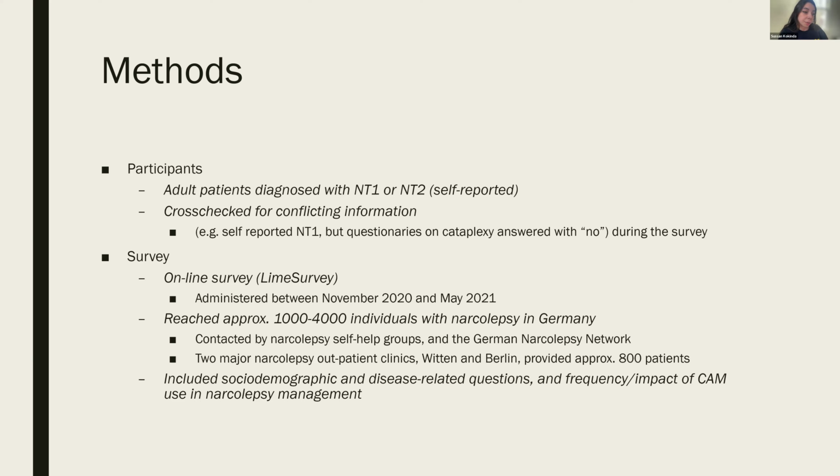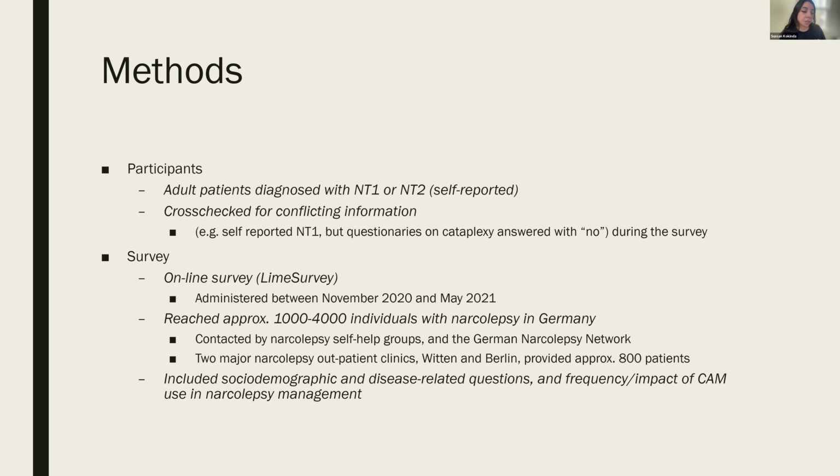How they reached their patients was through three different ways. The majority of the patients came from 2 outpatient clinics in Witten and in Berlin, which provided approximately 800 patients. And then they also contacted patients through narcolepsy help groups, as well as the German Narcolepsy Network.